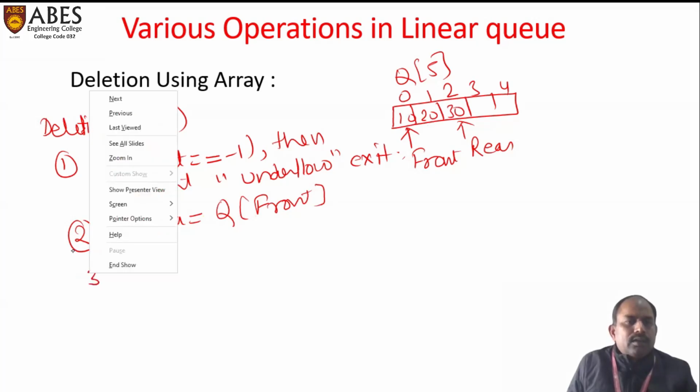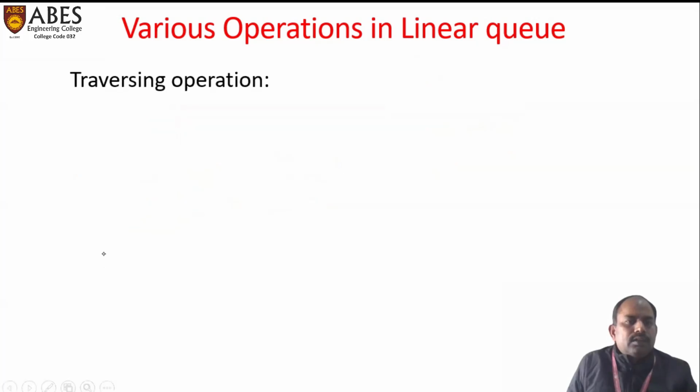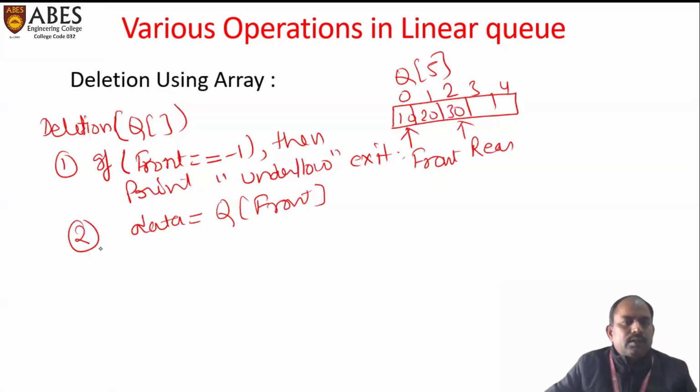So if we want to delete 10, the front will be incremented from 0 to 1. So here we can move from this.